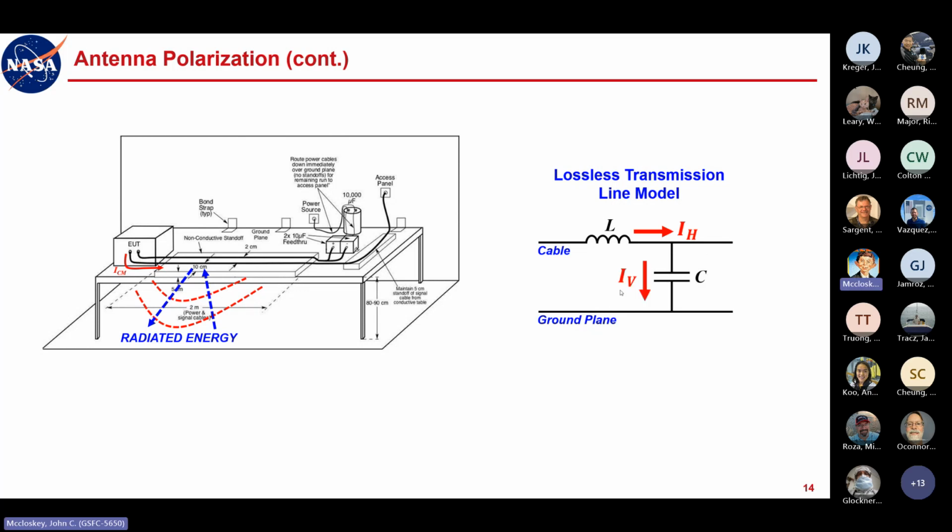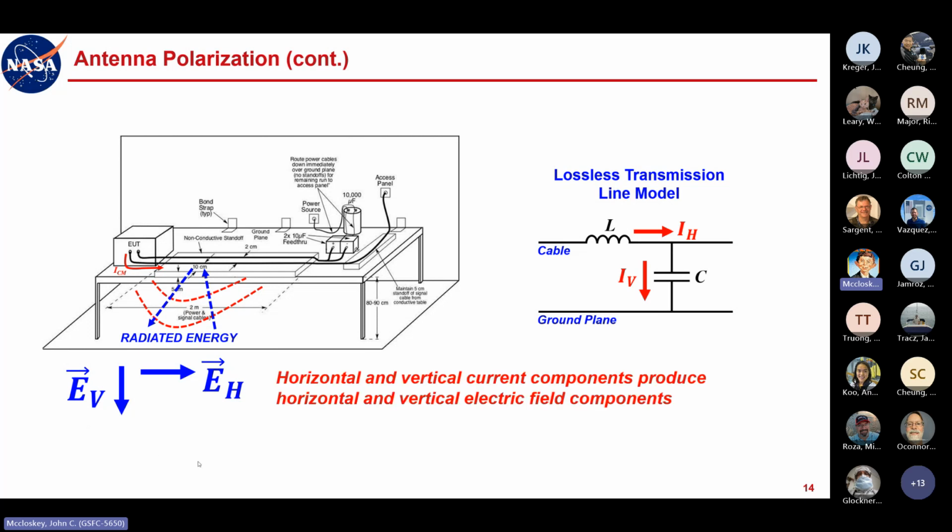But then you're also going to have this displacement current flowing through the capacitance between the cable and the ground plane. So you're going to have a horizontal and vertical component to your currents. The horizontal current is going to produce a horizontal component of your radiated electric field, and the vertical current, or the displacement current through the capacitance, will produce a vertical component of your electric field.